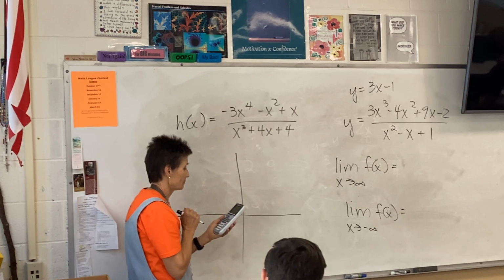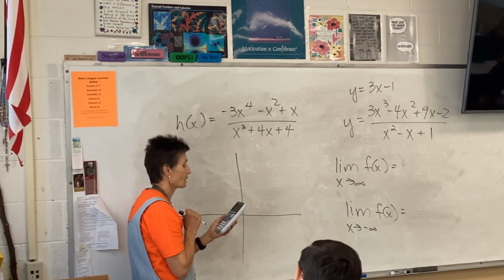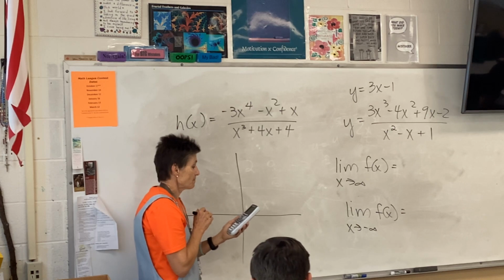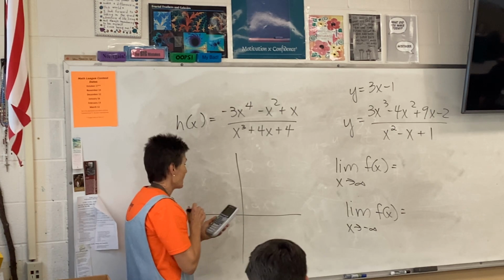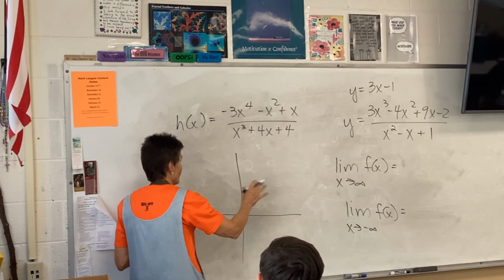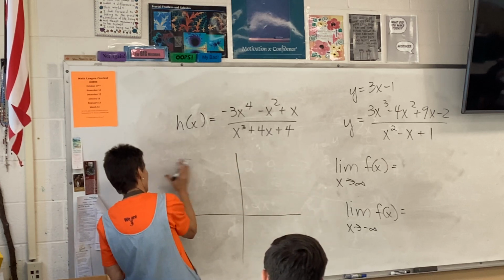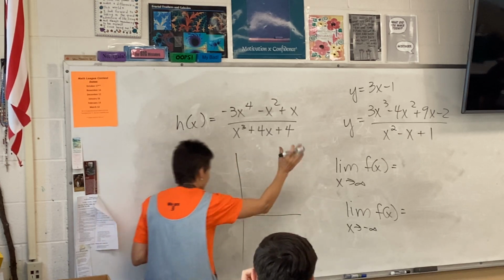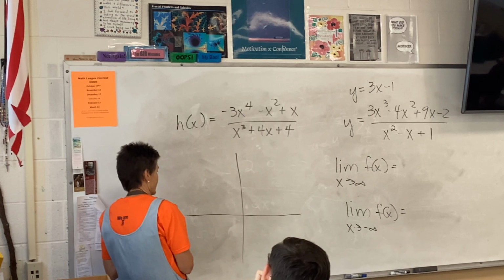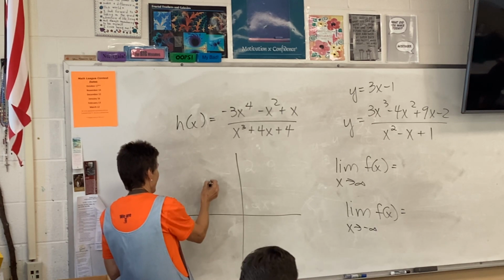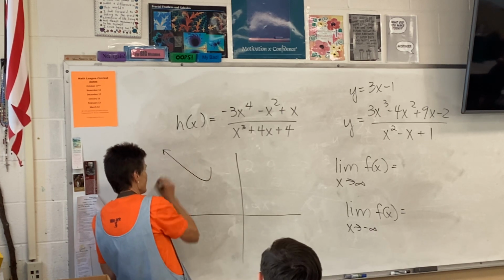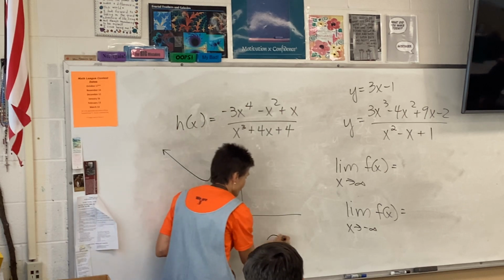Okay, so it looks like, remember, when we do end behavior, we only care about this part and this part. We don't care what's going on in the middle. So it looks like on mine that this thing is shooting up this way and shooting down this way.